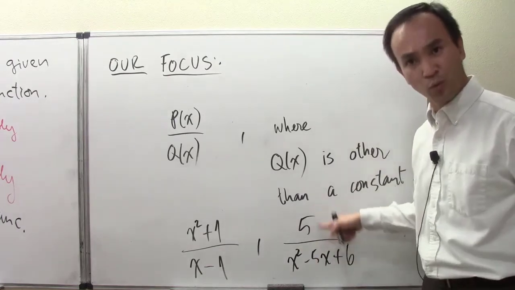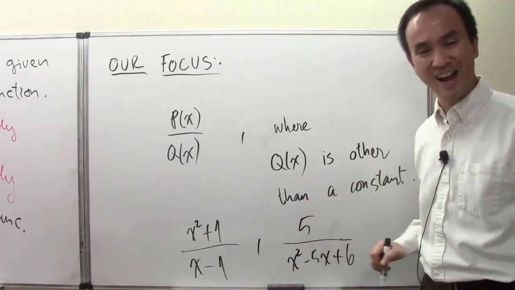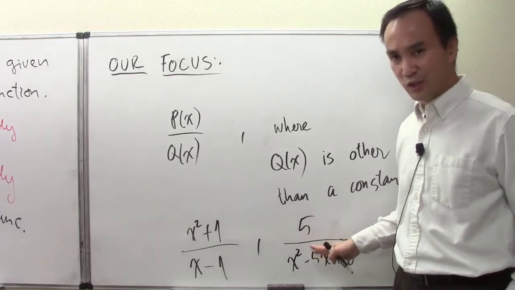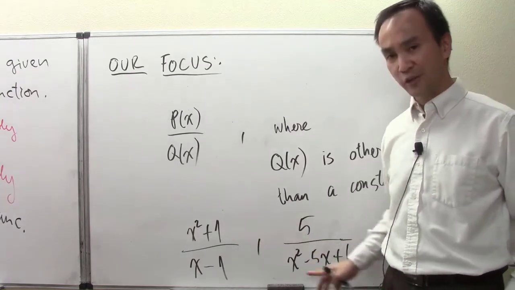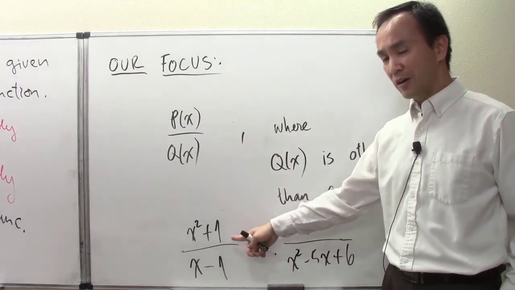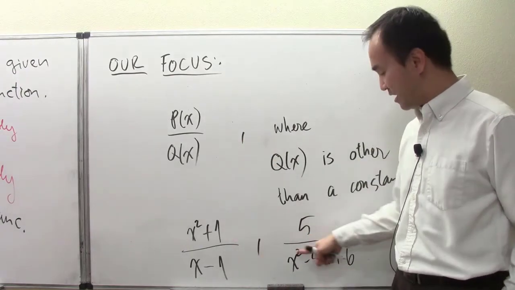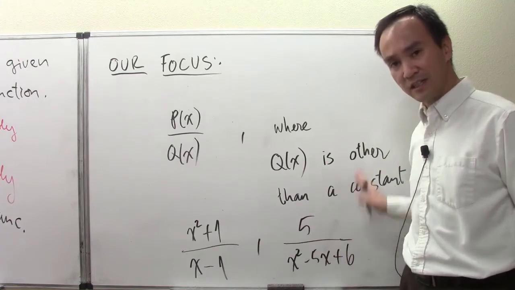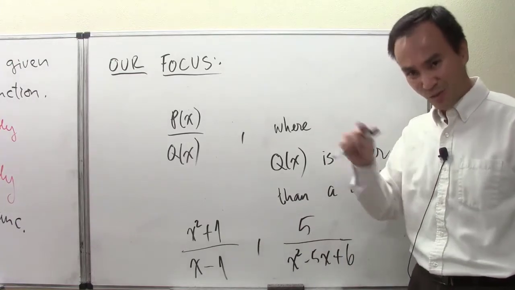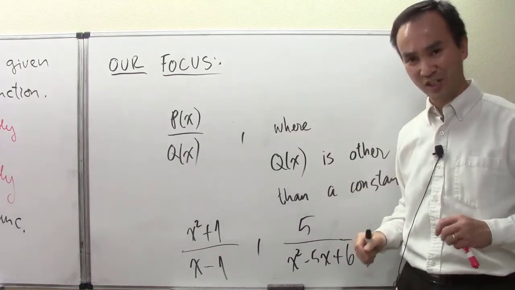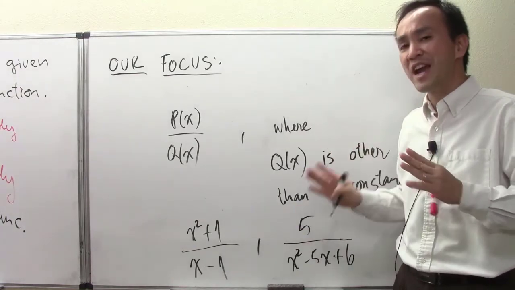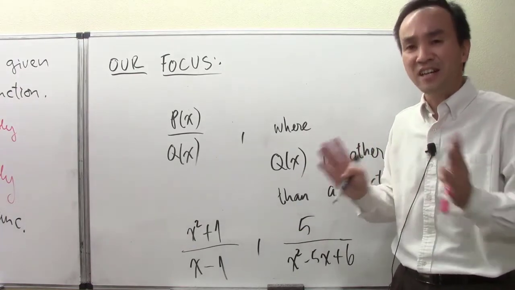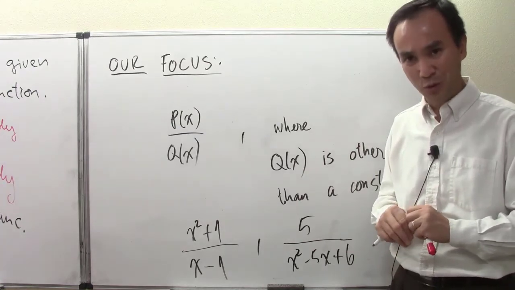You may see functions like this throughout our examples. These are rational functions where the denominator is other than just a constant, and that's where all the fun is, where all the fascinating learning features come from.